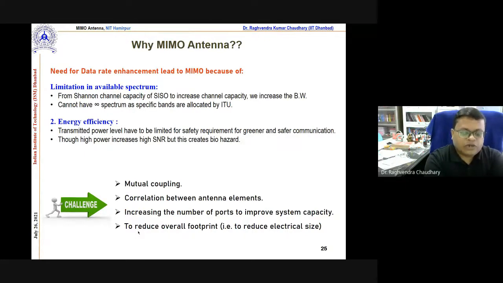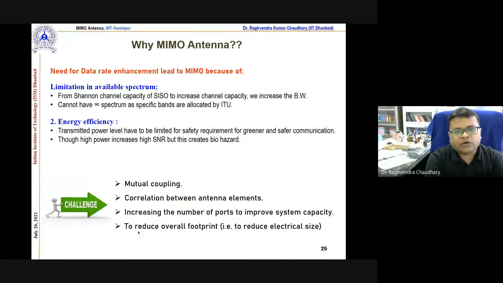So the answer is data rate enhancement. That is the business we are doing here. If we talk about early communication, like in 2002 or 2004, the speed was in kbps. Correct.